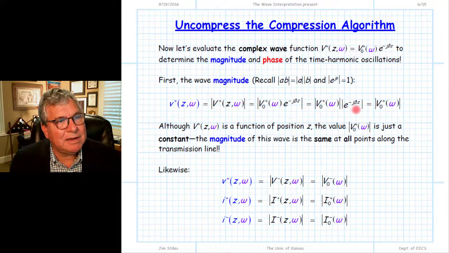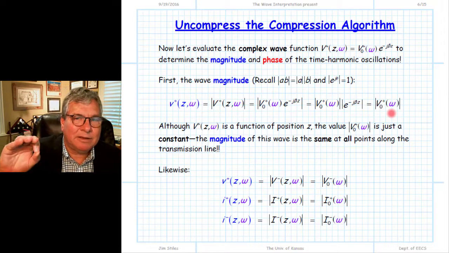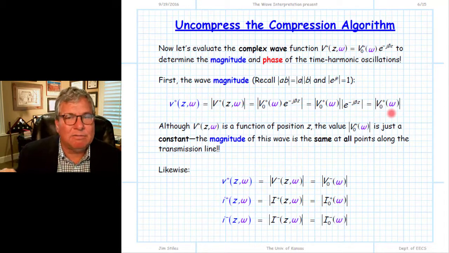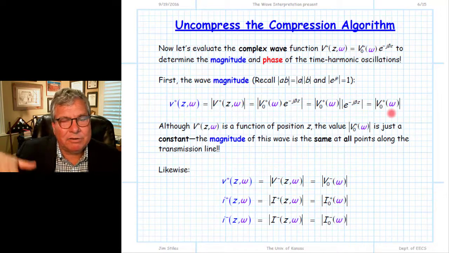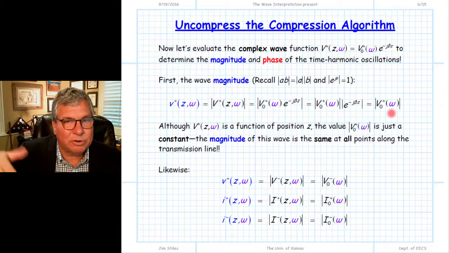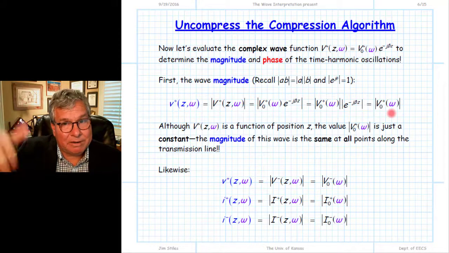And so what we find here is that the magnitude of oscillation for a plus wave voltage is simply a constant with respect to position. If I go to one point of the transmission line, and I measure the voltage that's created by the plus wave and its oscillation, it'd be a sinusoid. No surprise, it'd have frequency omega.